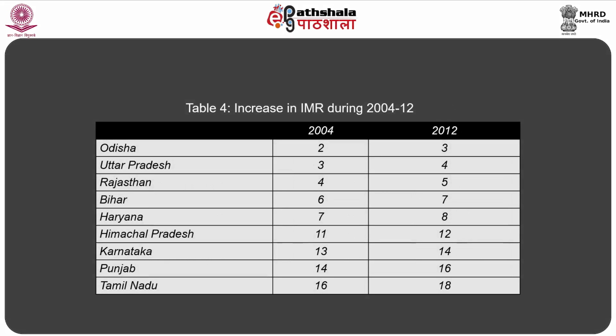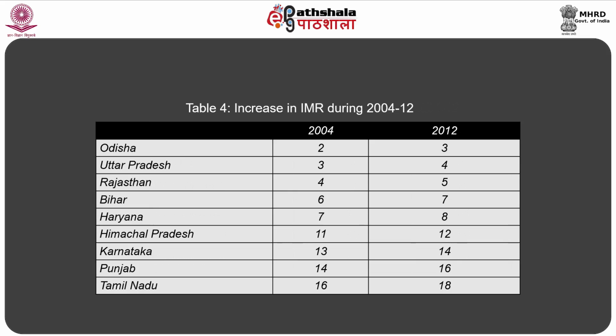Examining the levels of IMR during 2004-2012, the level of IMR in Madhya Pradesh, Odisha, Assam, Uttar Pradesh, Rajasthan and Chhattisgarh remains high, though a declining trend in IMR has been observed among these states.